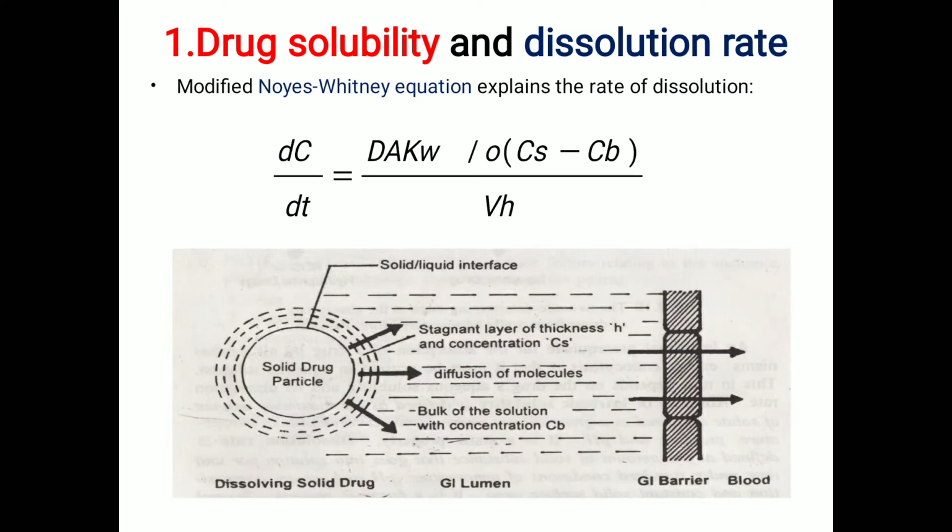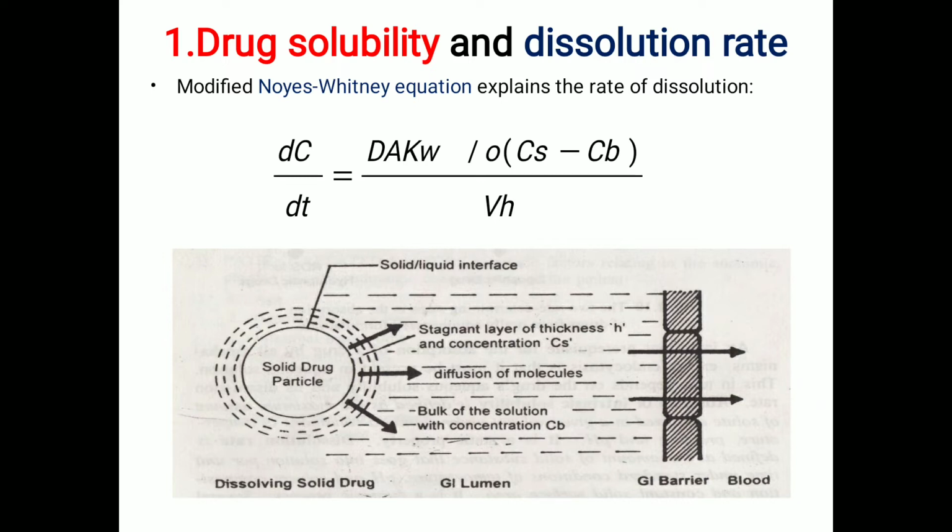Here in the figure, you can see these two steps. First, there are mainly four components: the dissolving solid drug, the GI lumen, the GI barrier, and the blood.